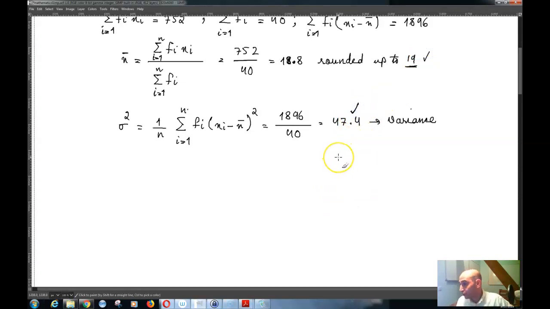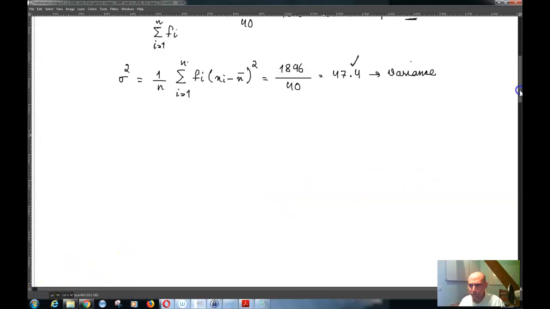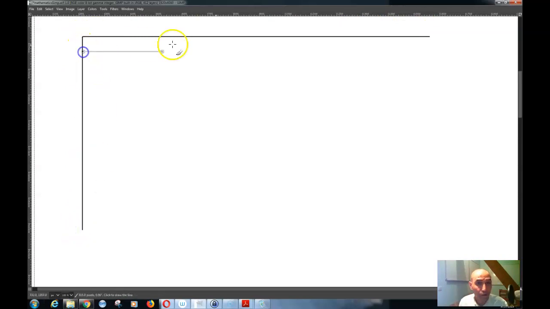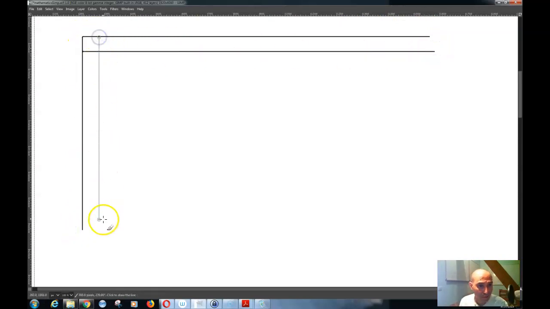Okay. Now let's do question number 5 as well. The next question says you have this table of x of i's and f of i's.